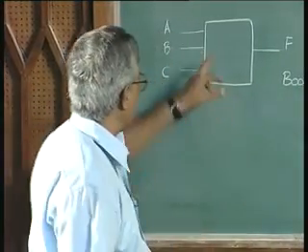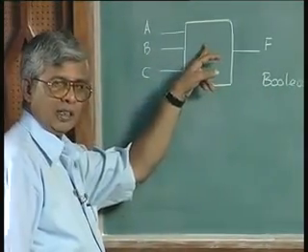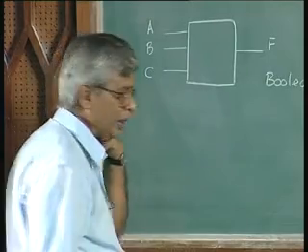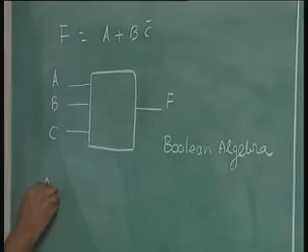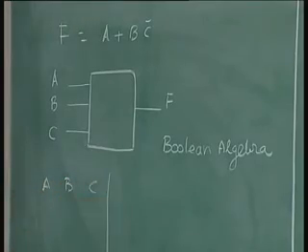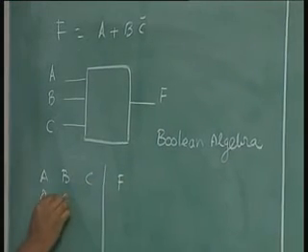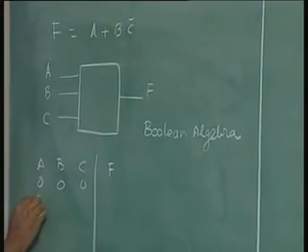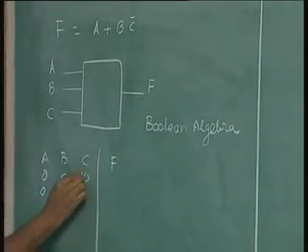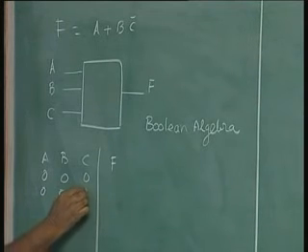So let us again take the same example, this given digital circuit which we wanted to implement. If you remember, there are 3 inputs, and the three inputs can have 8 different combinations.